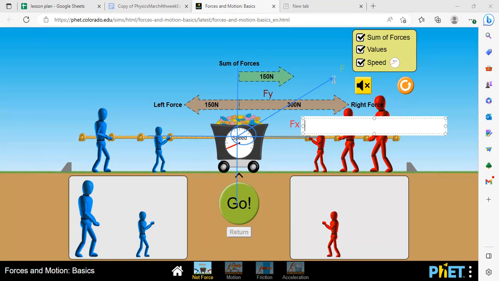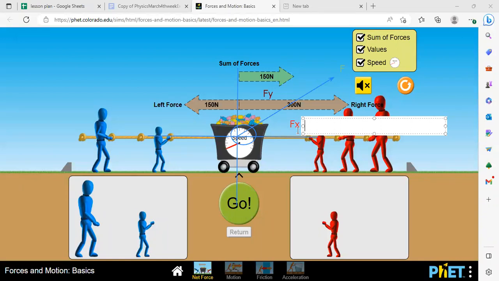So, treat this as a triangle. This is the adjacent side, and this is the hypotenuse. Our cosine, cosine theta, is just adjacent over hypotenuse.